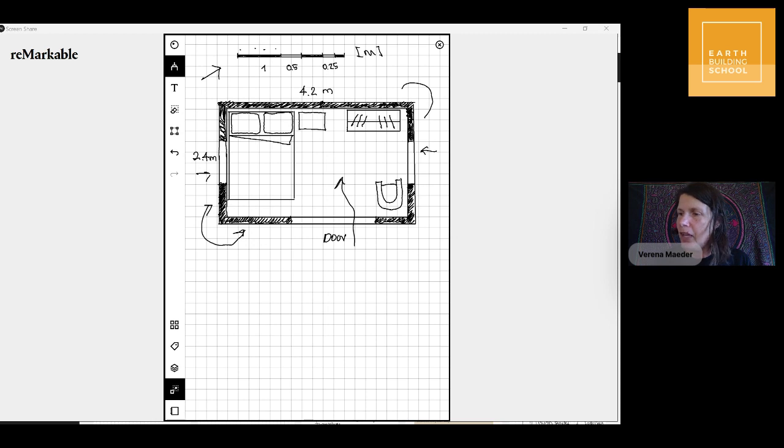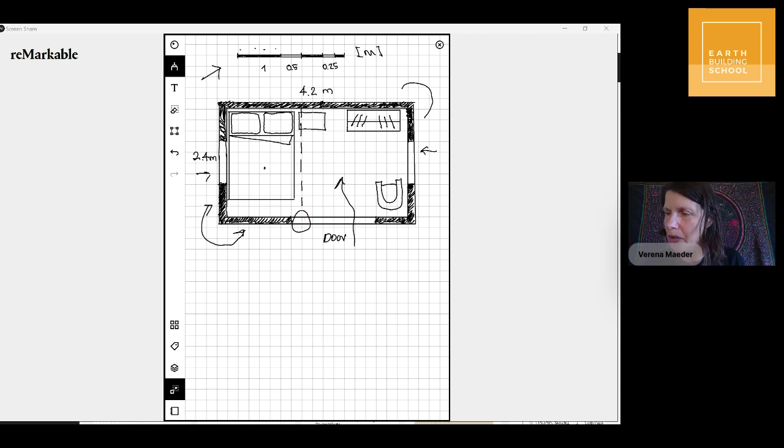And if you decide to have a sleeping loft, so let's say the bed is not there anymore, decide where you're going to put the sleeping loft. So let's say, I want to have this bed up in the sleeping loft, this bed here. The sleeping loft has to be at least this size. So you see here, you don't want the situation where there's a window opening right under.